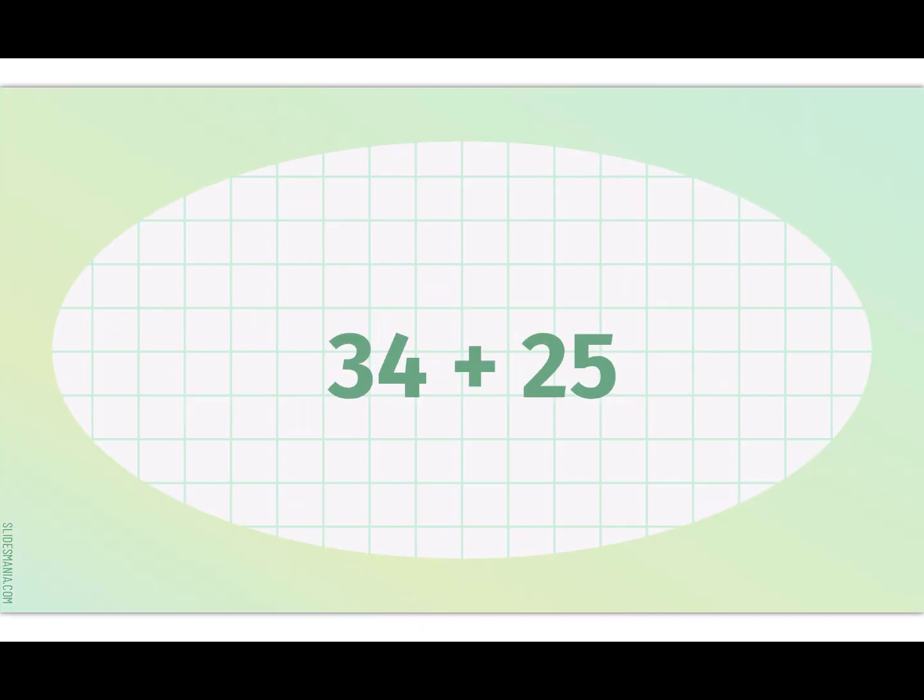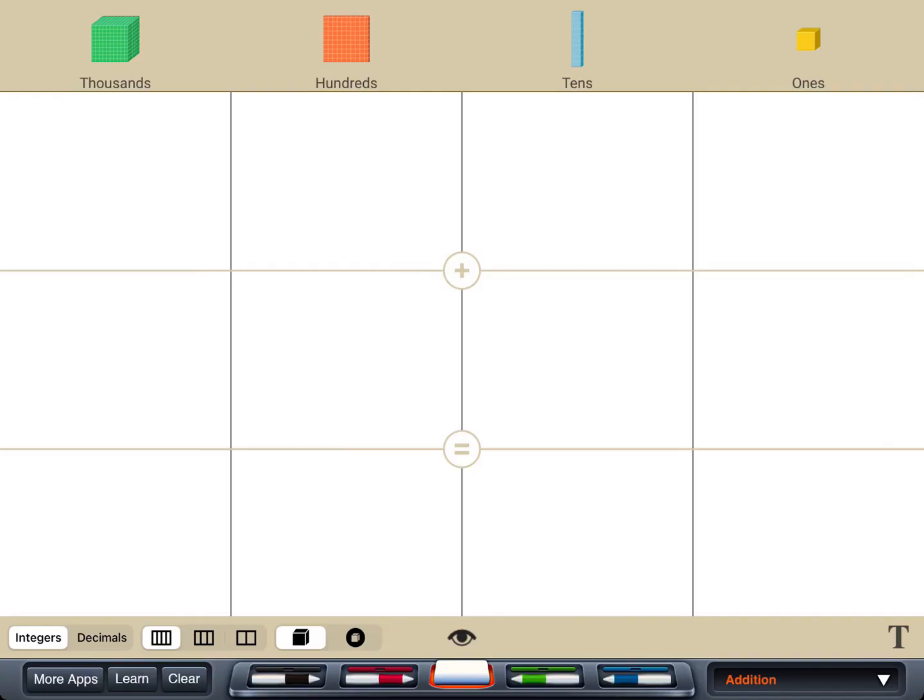So let's get started with a simple example, 34 plus 25. First, let's represent 34 with base 10 blocks. We have 3 tens, that's 3 rods of 10, and 4 ones, which is 4 small cubes.